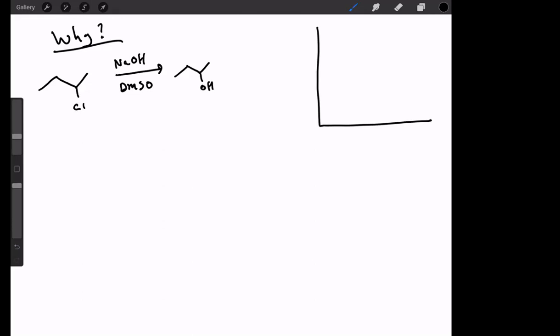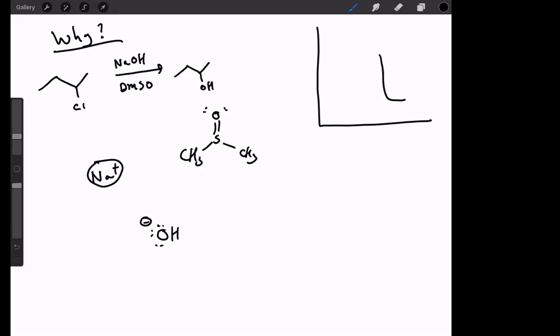Why would this favor the SN2 reaction? What we really need to do is think about all of the species in the solution. First of all, I have sodium hydroxide, so sodium and hydroxide. How would a solvent that's polar, like this, interact with the two species that are in solution?